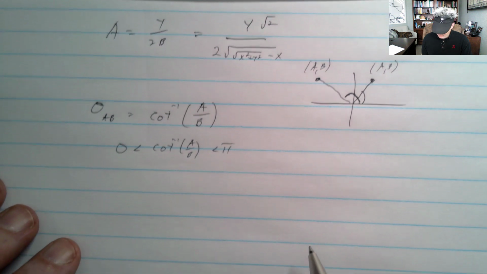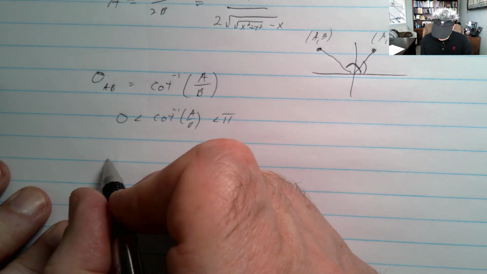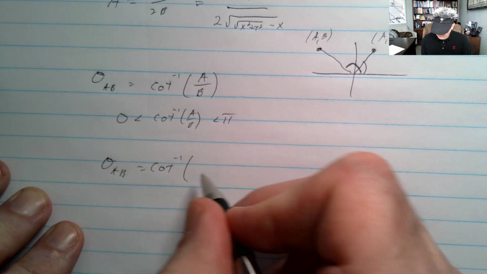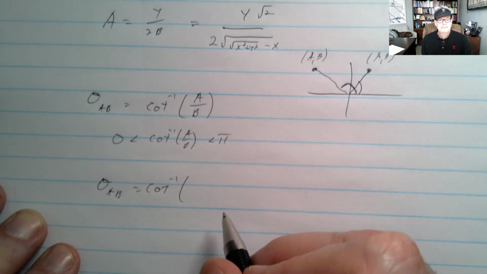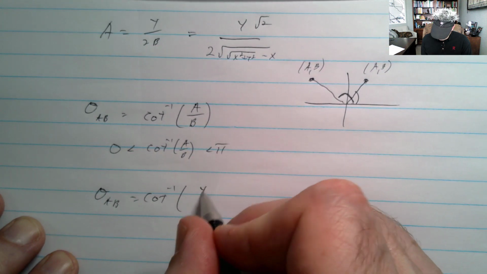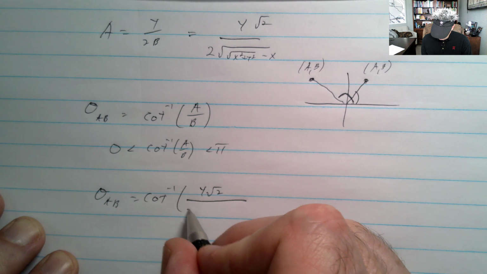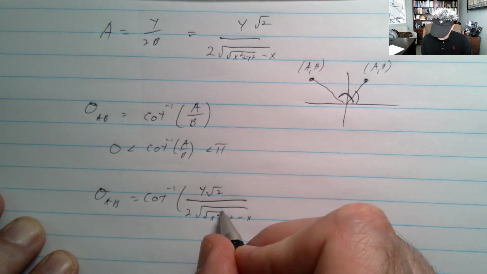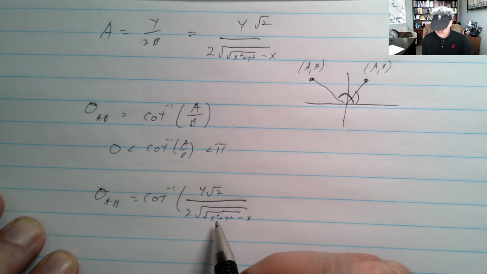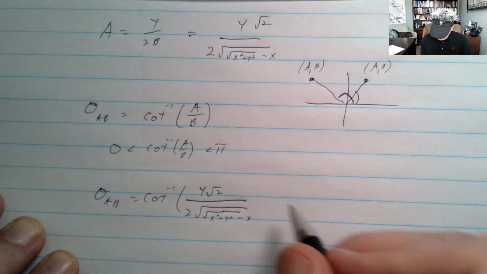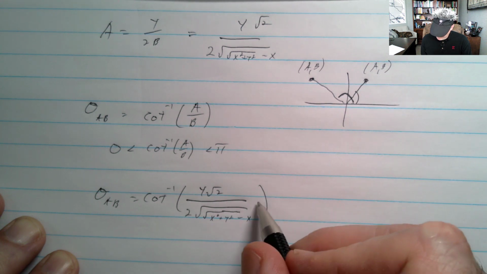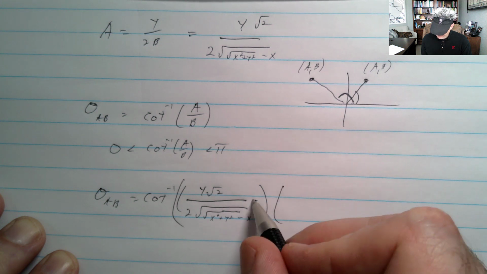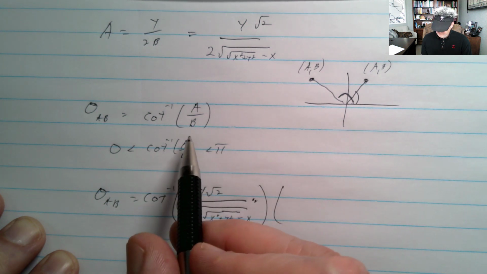Let's put it in terms of x and y. So a, and then times, I guess I'll put extra parentheses here, so times the reciprocal of b.